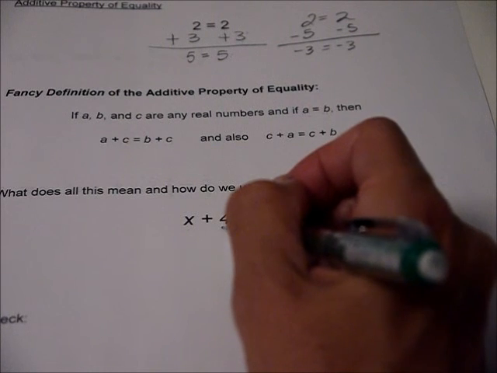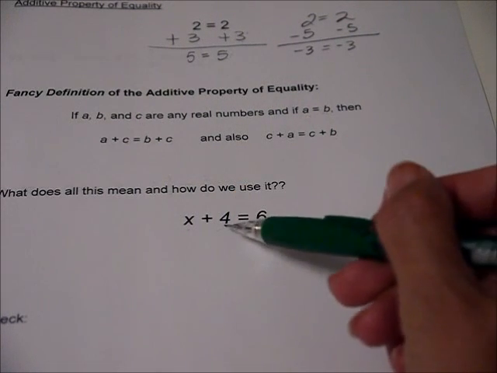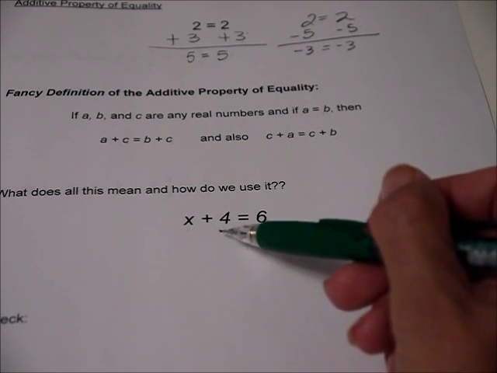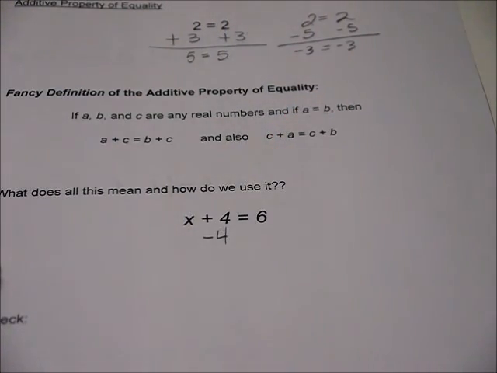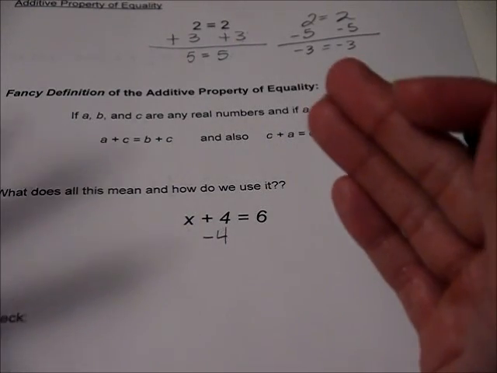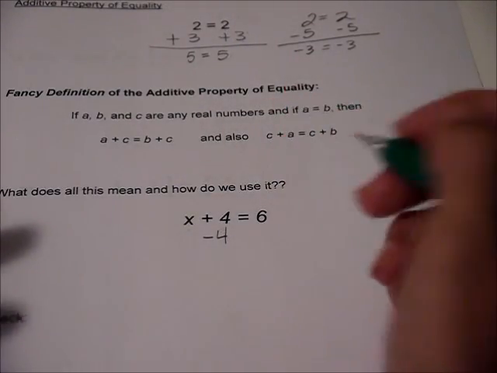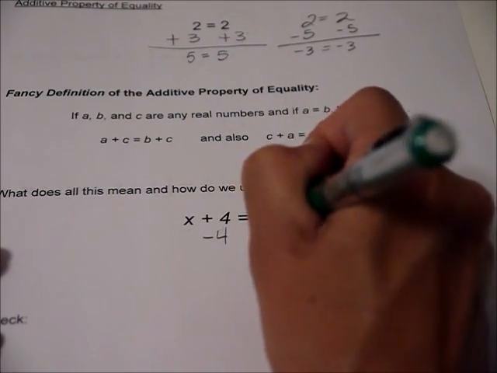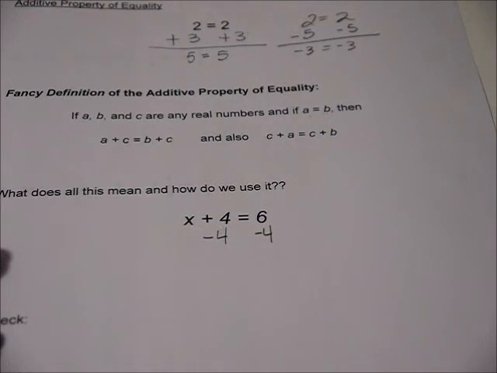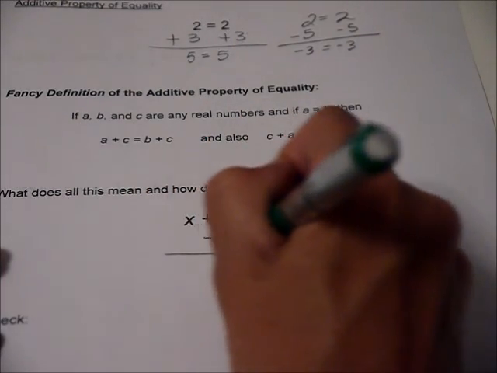In order to do that, we need to get rid of the +4. So if we want to get x alone, we add -4, right? Or subtract 4. They mean the same thing. Add -4 is the same as subtracting 4, but we have to balance it out by doing it to both sides to make it fair and equal and balanced.